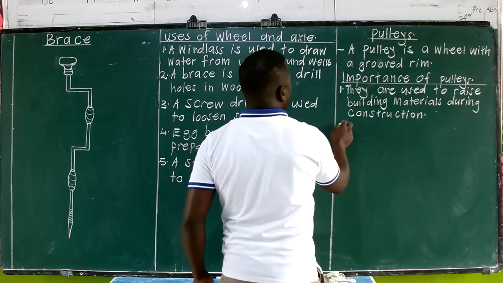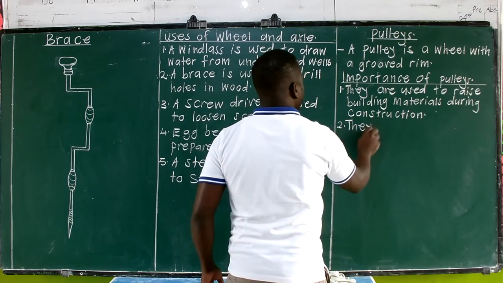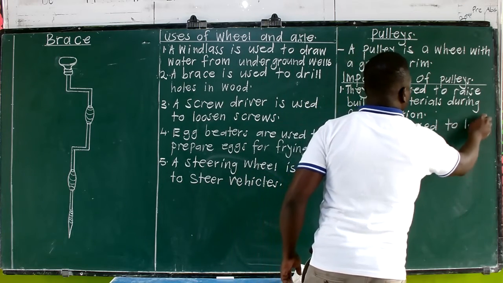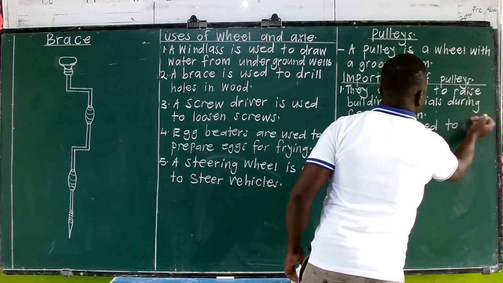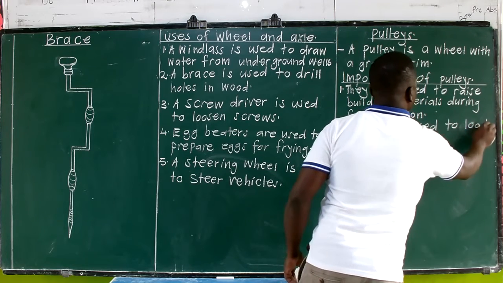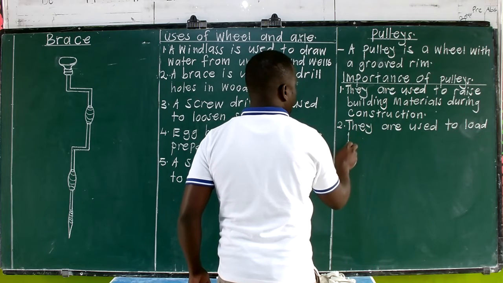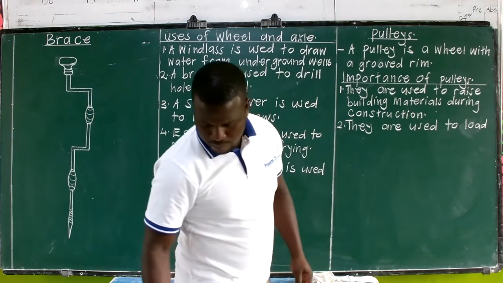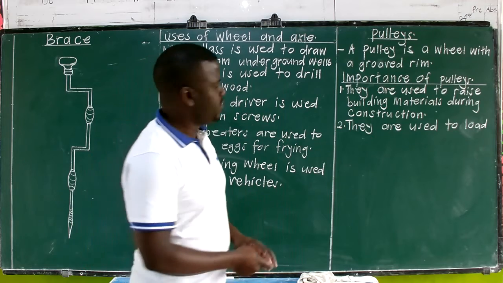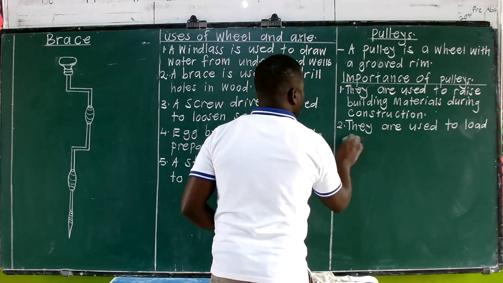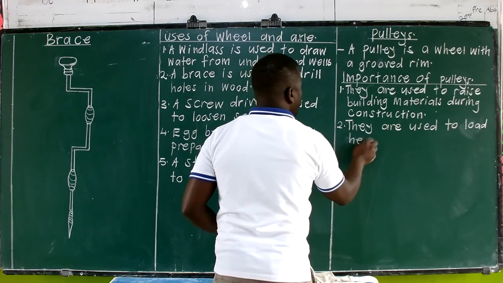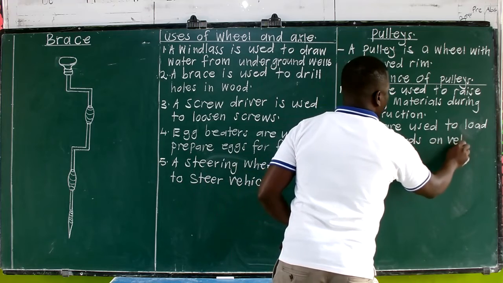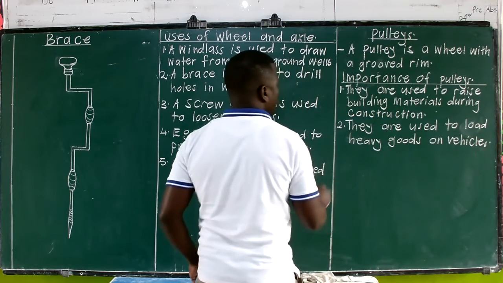Pulleys are used to load heavy goods, to load and offload, on vehicles.